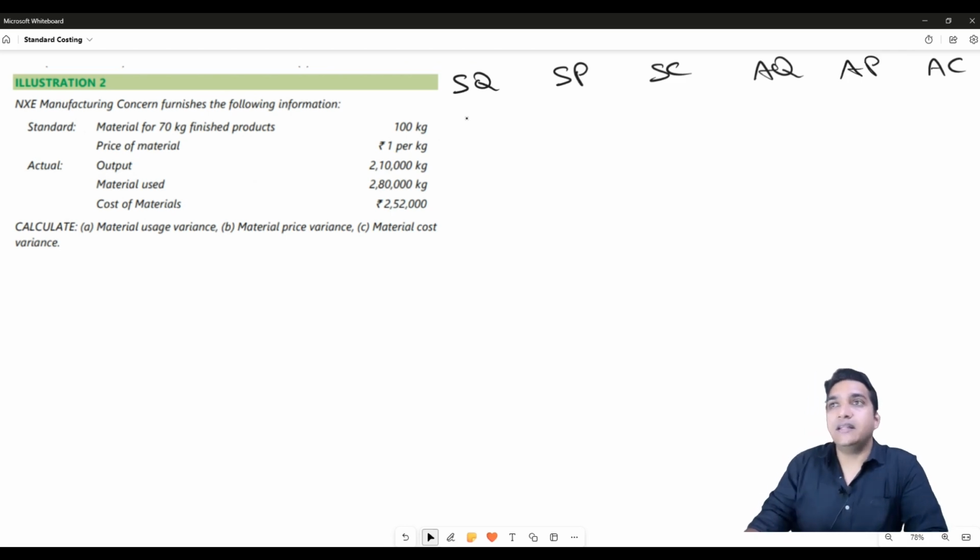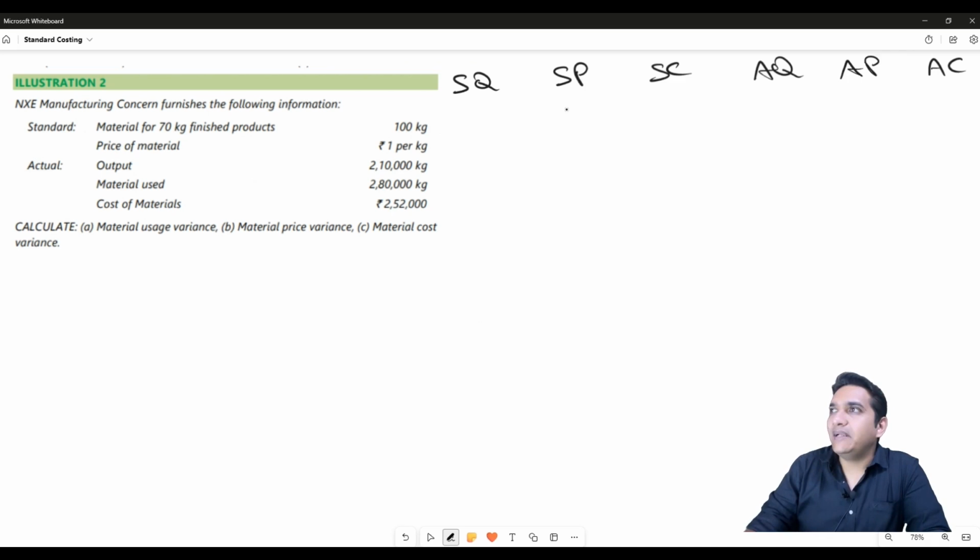The question clearly states that the standard material for 70 kg finished products is 100. What it means is, if I input 100 kilograms of my raw material, I get 70 kilograms of my finished product. But it never says that for my actual output of 210,000 kg, what is my standard input? We will have to calculate that. Since we have to calculate, we'll come back to that.